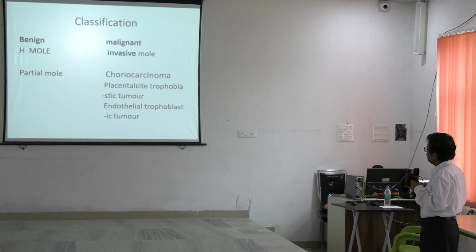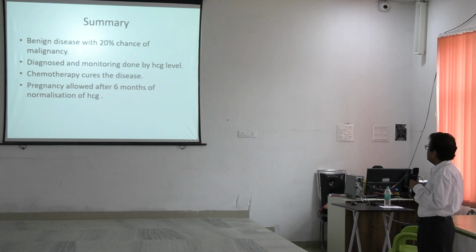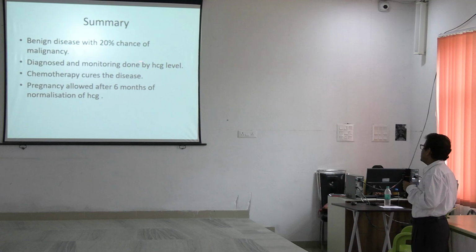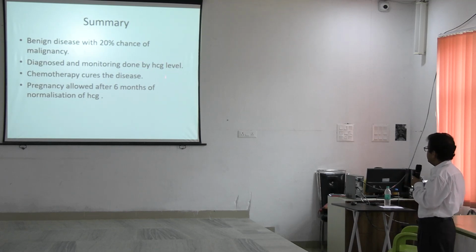Irrespective of histopathology, our treatment remains methotrexate. The summary is benign disease with 20% chance of malignancy. That is hydatidiform mole. Diagnosis and monitoring done by beta hCG level, and chemotherapy cures the disease.